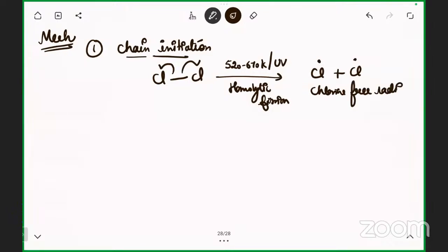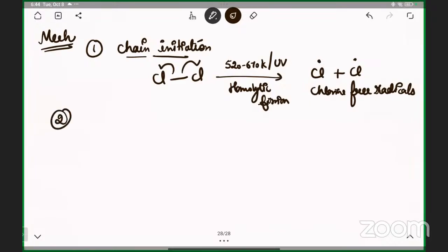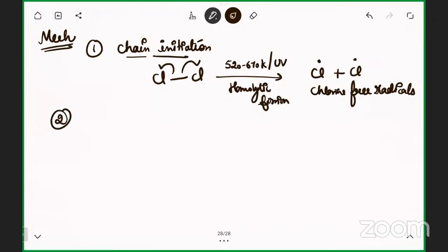Are you guys revising or not? Free radicals. It forms what? Free radicals. Now this free radical will react with the methyl group. So this step is known as chain propagation. Okay.